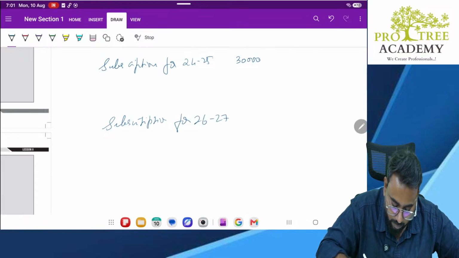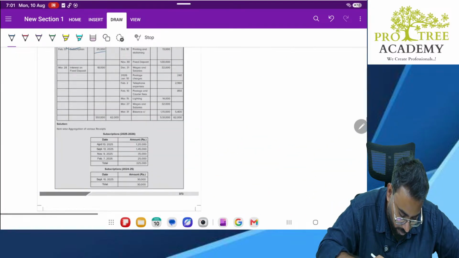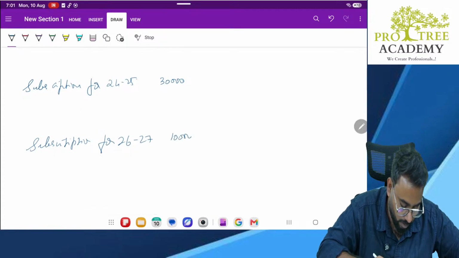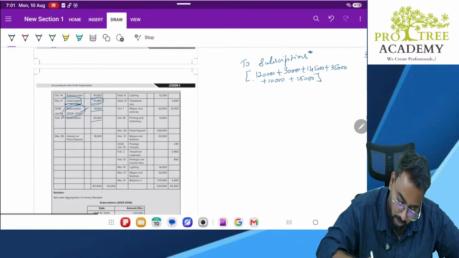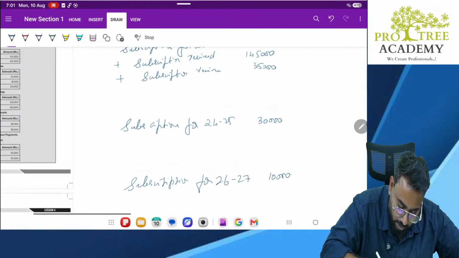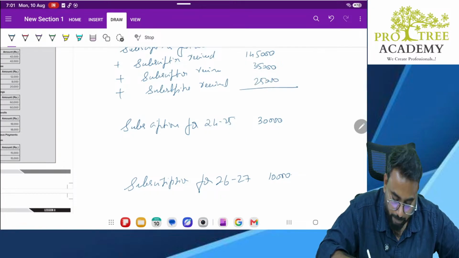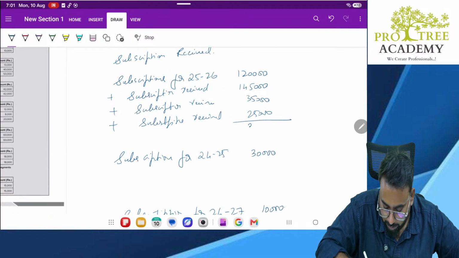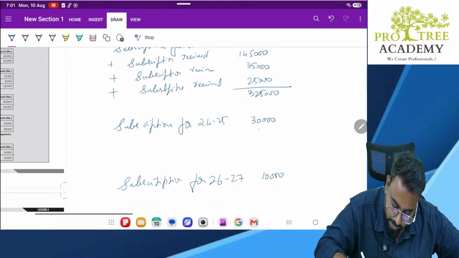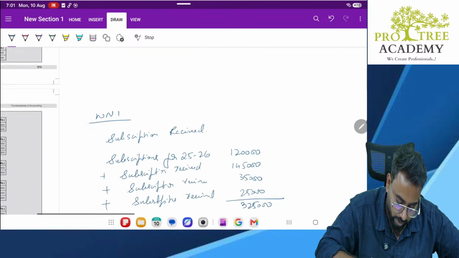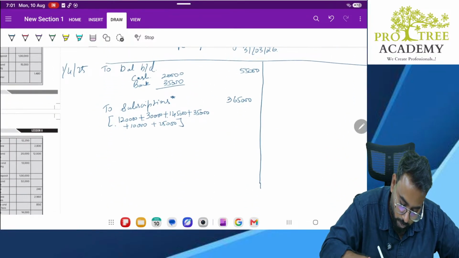How much have we received? 10,000. Next, subscription again, nothing is told, so we'll add it in the current year. Subscription received 25,000. Total this 3,25,000. Here it will be 30,000. Here also it will be 10,000. So instead of showing everything here, we can just write like this.